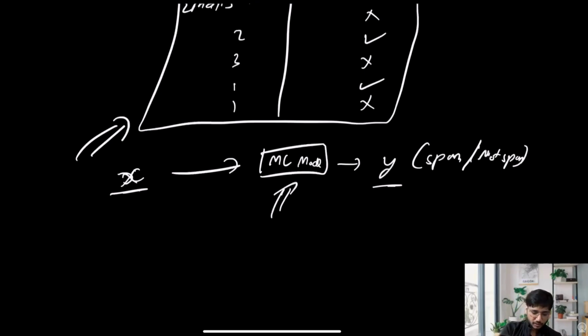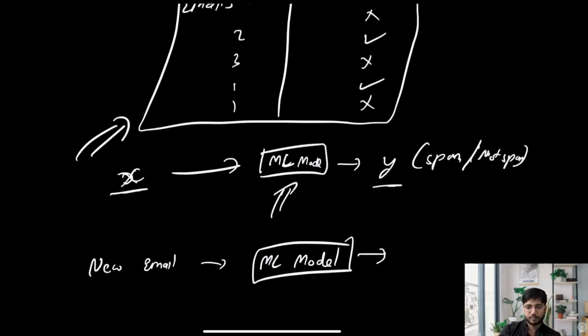Now whenever a new email comes up, you will use this ML model on it, and this ML model will find out whether it's spam or not spam.